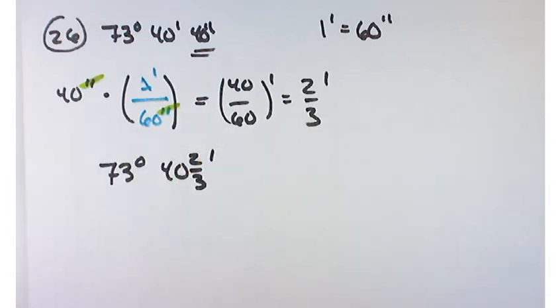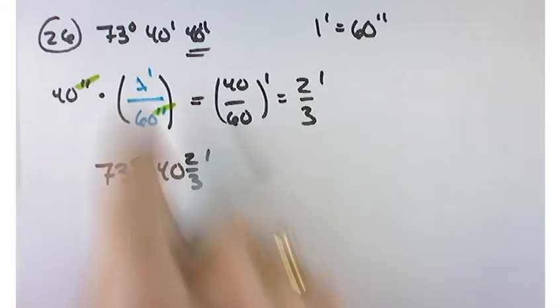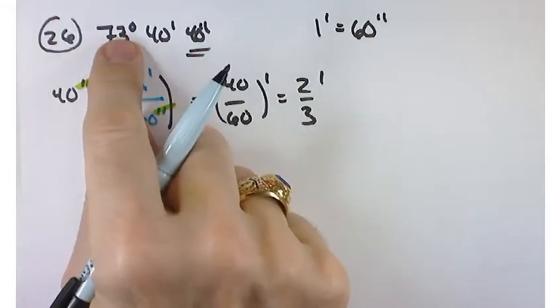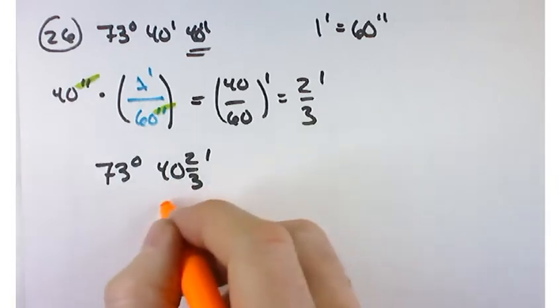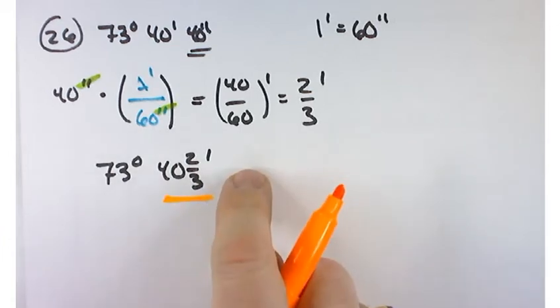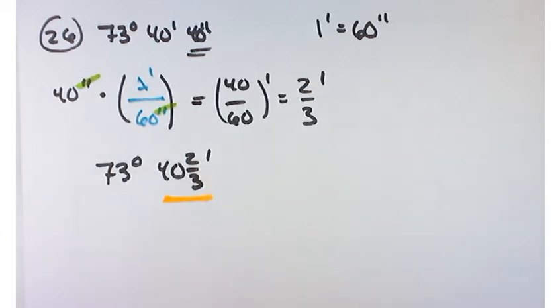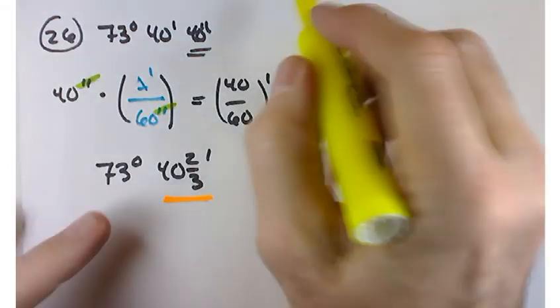To finish our work, I want to convert from 40 and 2/3 of a minute up to degrees. I'm going to get a decimal value, but that's okay. That was my goal. So now I've got to get rid of this little piece right here. I've got to convert minutes to degrees.